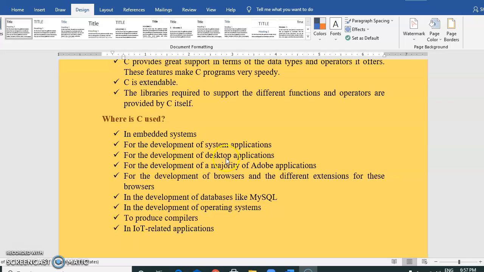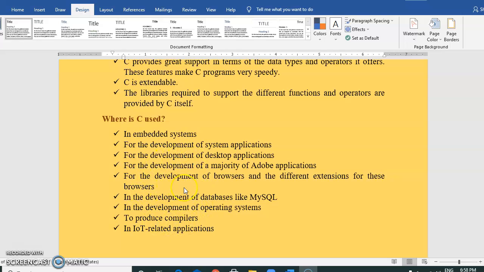For the development of desktop applications, for the development of the majority of Adobe applications, for the development of browsers and different extensions for these browsers, in the development of databases like MySQL, in the development of operating systems, to produce compilers, and in IoT related applications, that means Internet of Things related applications.